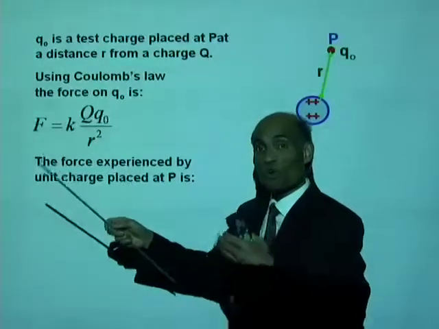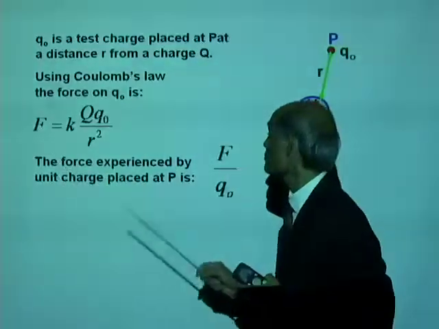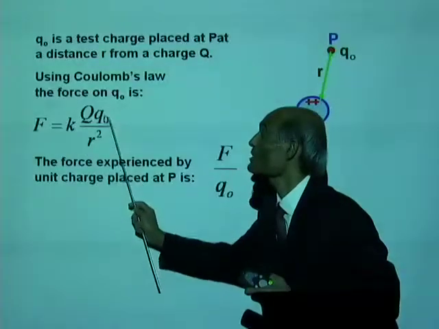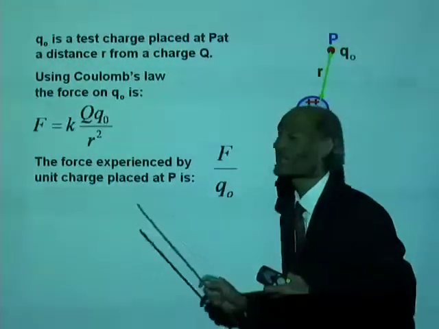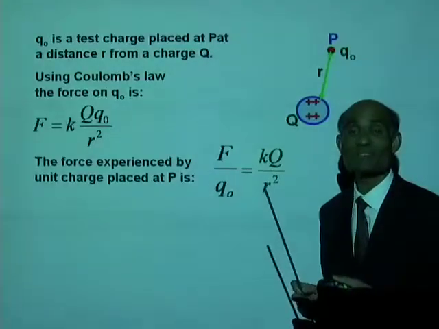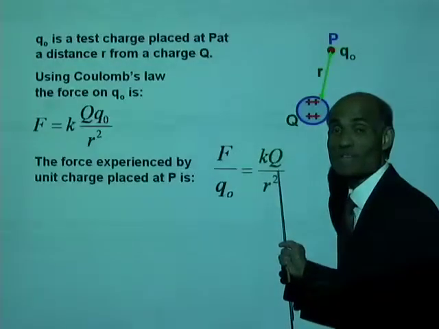Therefore, what is the force per unit charge? It will be F over Q0. And when you divide this F by Q0, the Q0 will cancel, giving us KQ over r squared. This is a very important quantity. What does that represent?